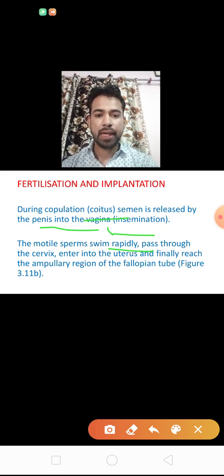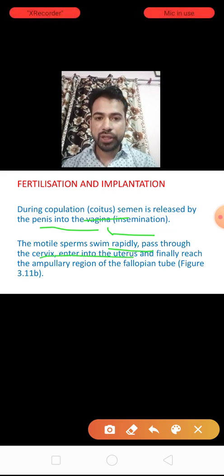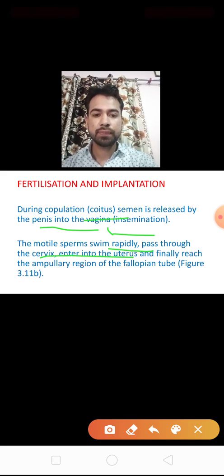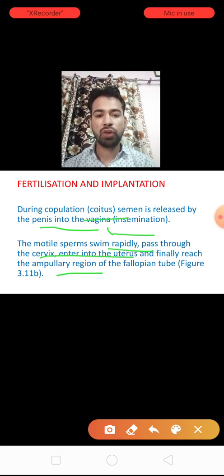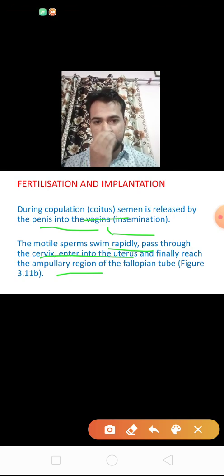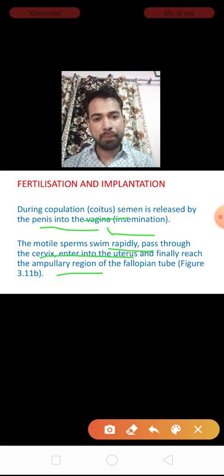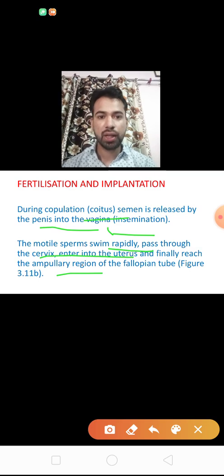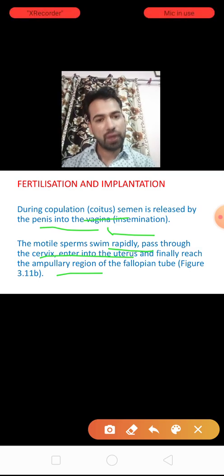See here, the motile sperms swim rapidly and pass through the cervix, enter into the uterus, and finally reach the ampullary region of the fallopian tube. The fallopian tube has three regions, and out of the three, the ampullary region is one part of the fallopian tube.